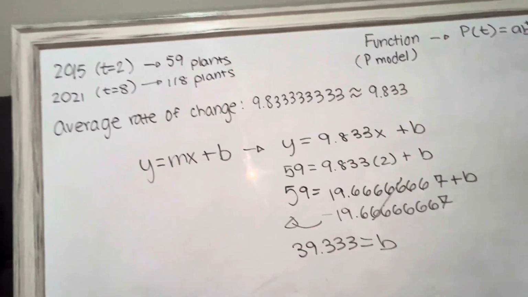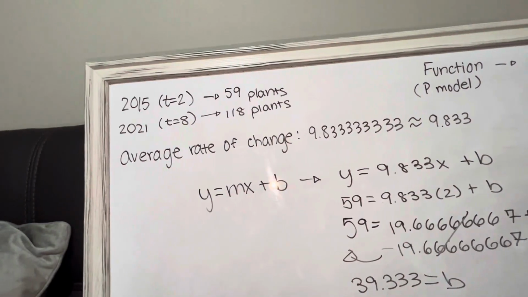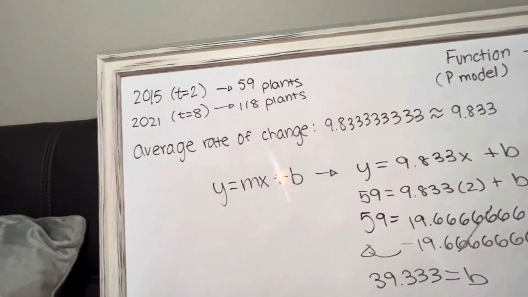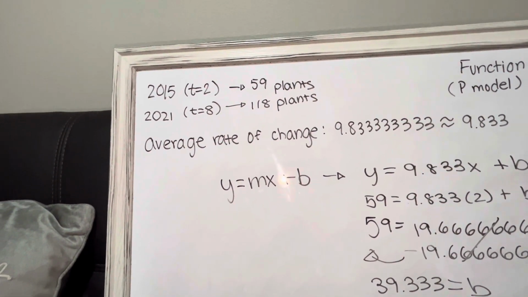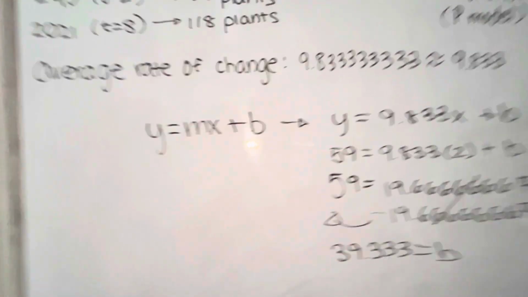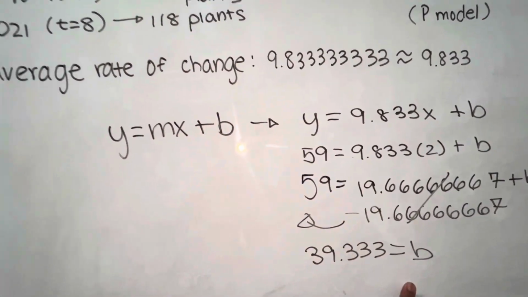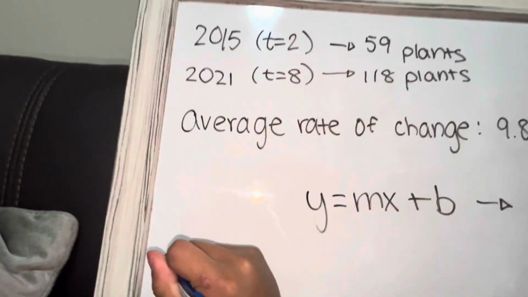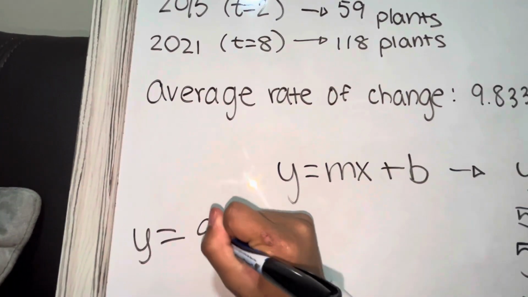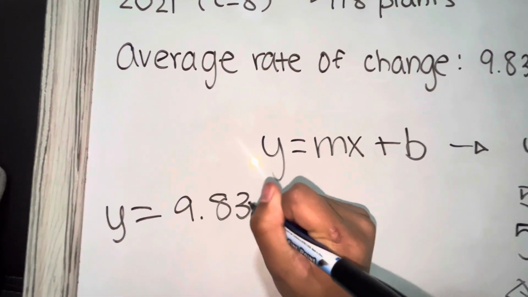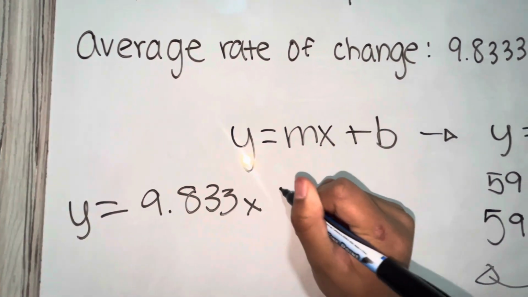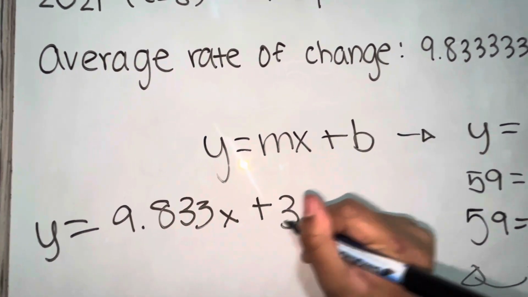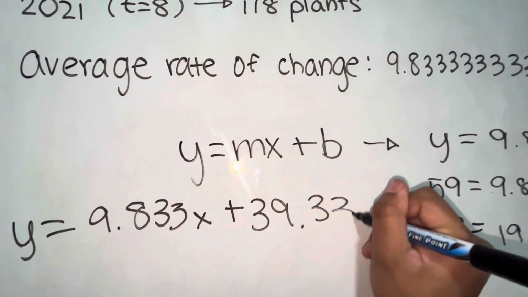So now that we found our b, we can successfully attempt to find the number of plants for t equals 10 years. Okay, so we already have our b, and we already have our average rate of change. Now we have y equals 9.8333x plus 39.333.